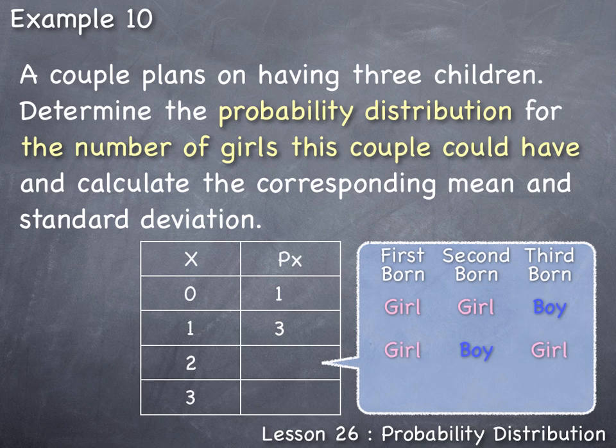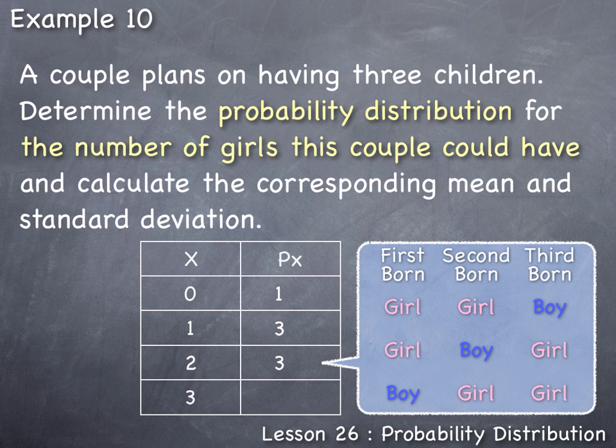So there's x equals 2 girls, girl first, girl born third, and the boy is born second. Or we could have the one boy be the oldest child. We have a boy, and then a girl, and a girl. All of these 3 cases have x equals 2 girls and just one boy. It just happens there's 3 ways to do that. The one boy could be the firstborn, or the secondborn, or the thirdborn. So we count a total of 3 possibilities that x could equal 2. That is, there's 2 girls in the 3-child family.